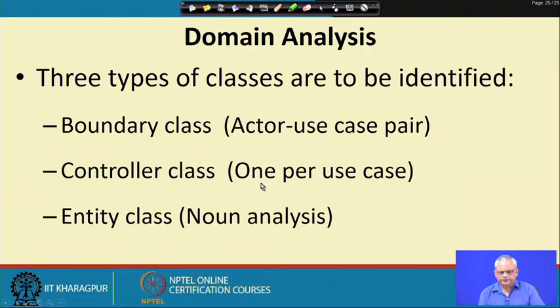We identify one per use case. We look at the use case diagram, identify how many use cases are there, and we need that many controller classes. And finally, the entity classes, which we identify by doing a noun analysis on the problem description.